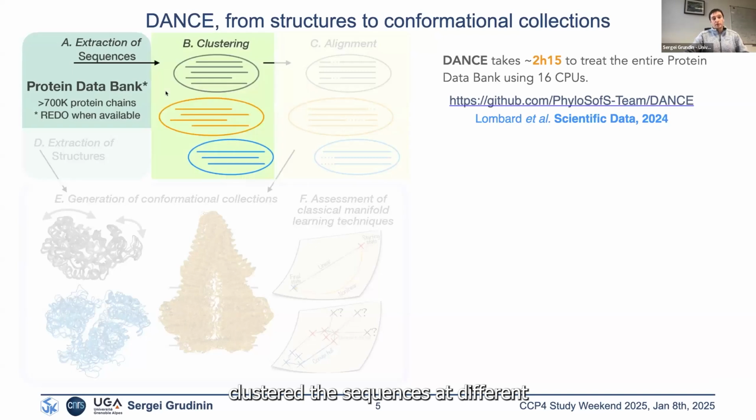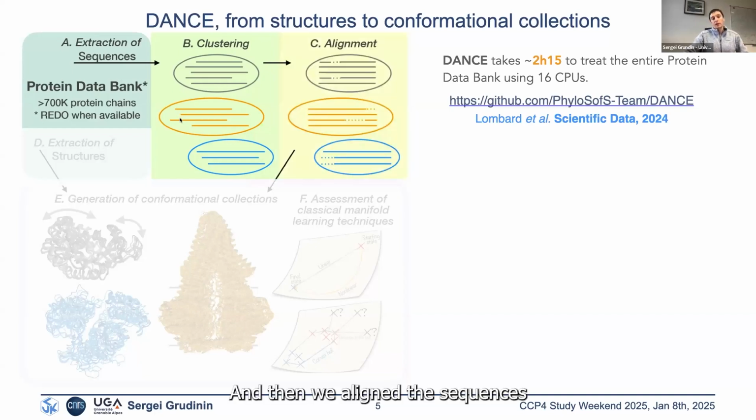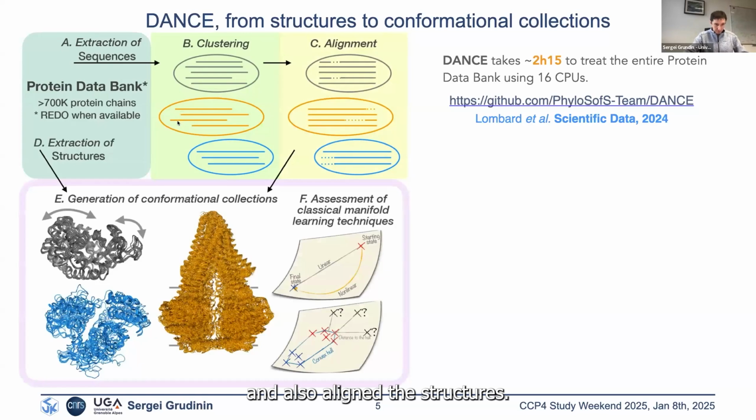We clustered the sequences at multiple sequence identity levels, and then we aligned the sequences and also aligned the structures. After the structural alignment, we interpret the structural heterogeneity using the motion extraction, which I will present later.